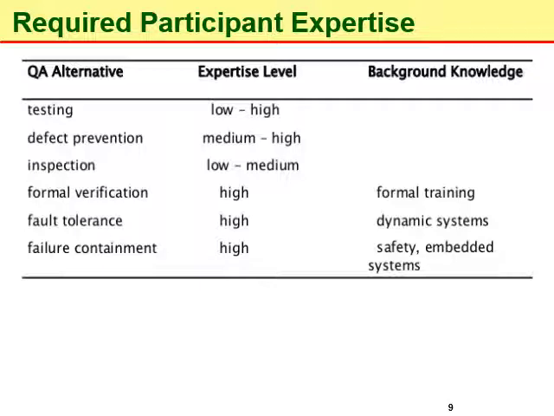On the other hand, defect prevention typically requires good knowledge of the application domain, the development methodologies, processes and tools, etc., to be effective, thus requiring medium to high levels of expertise. Similarly, formal verification, fault tolerance, and failure containment require high expertise and sufficient education and training to effectively apply these techniques.